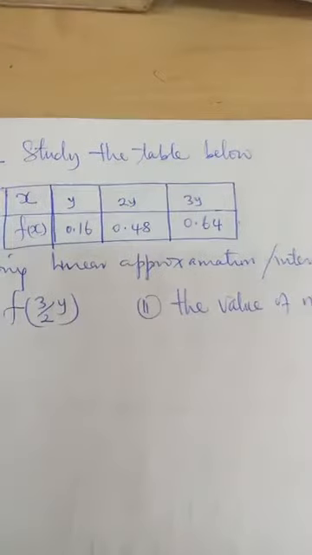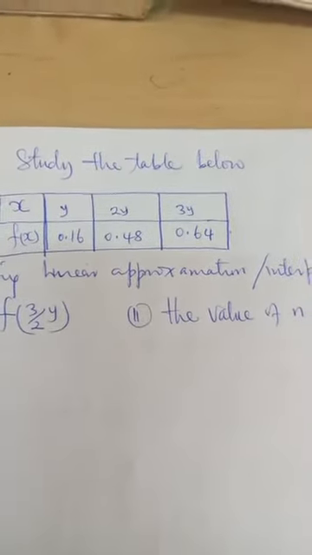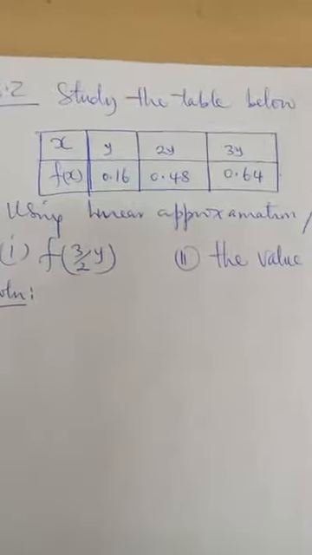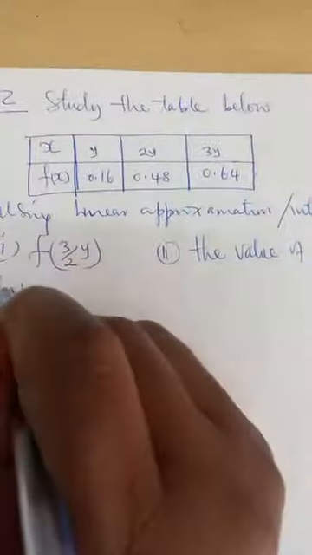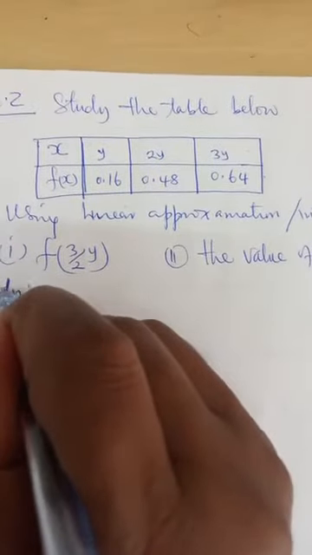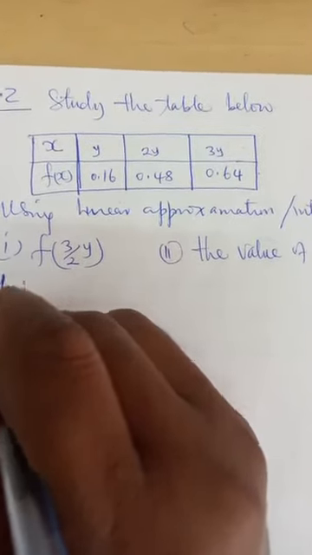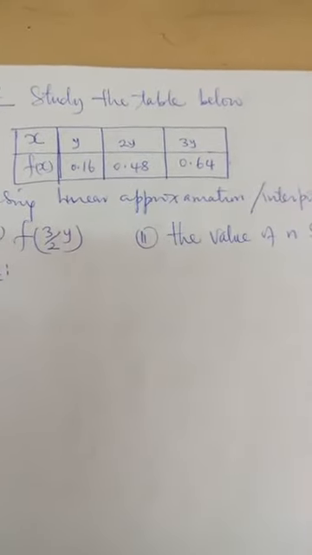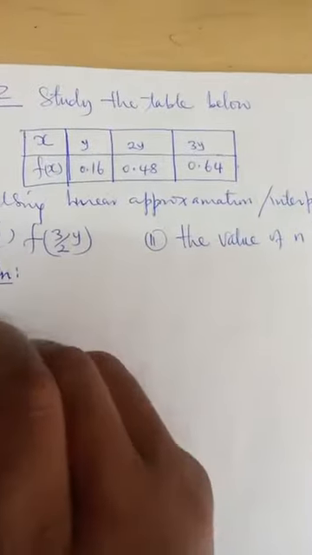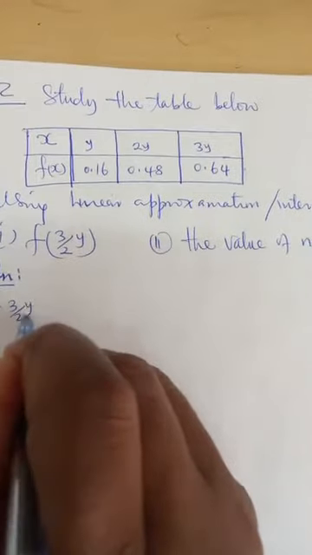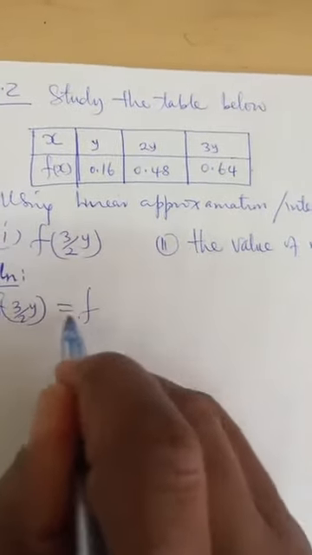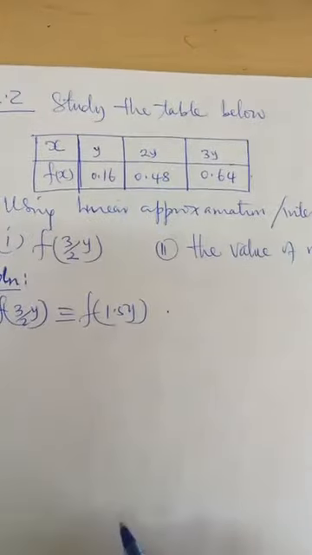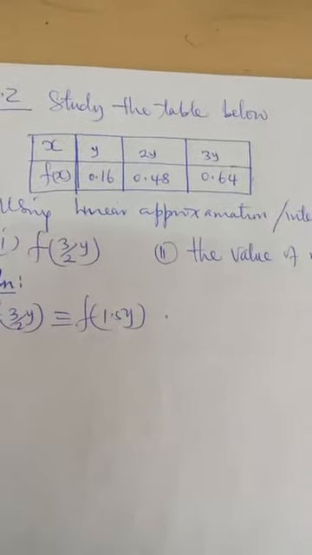because it is linear or straight, and therefore we use the concept of gradient, only that here we are not rigid to the change in y over the change in x, as long as we are consistent. Now, our f of 3 over 2y is actually the same as f of 1.5y. This clearly shows you that it falls between y and 2y.